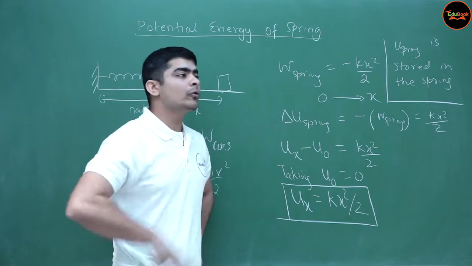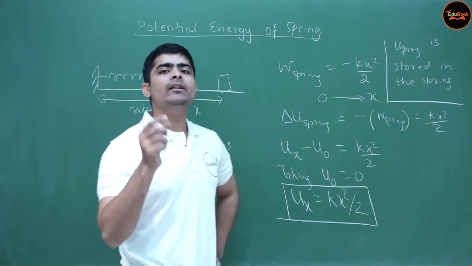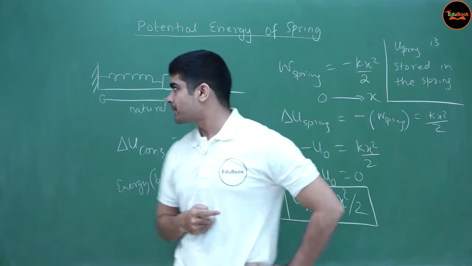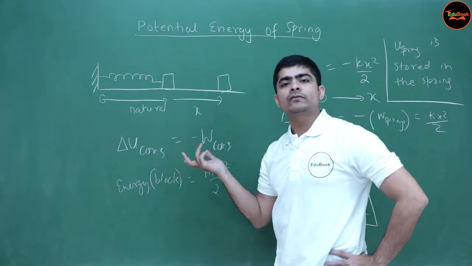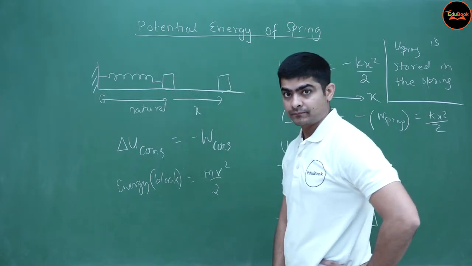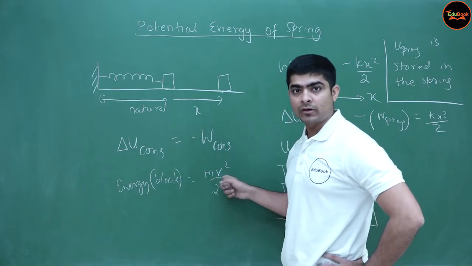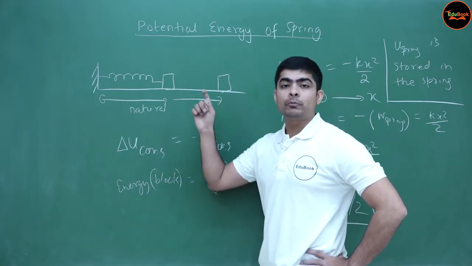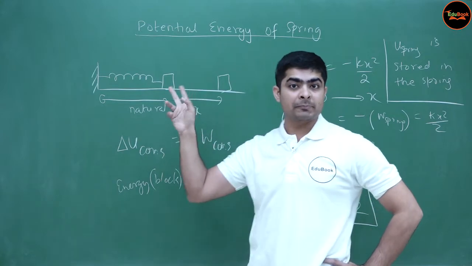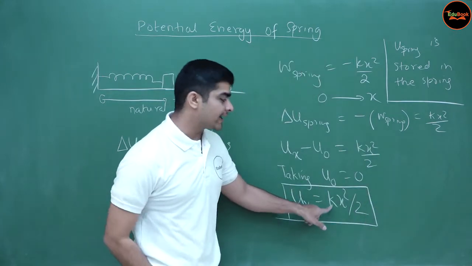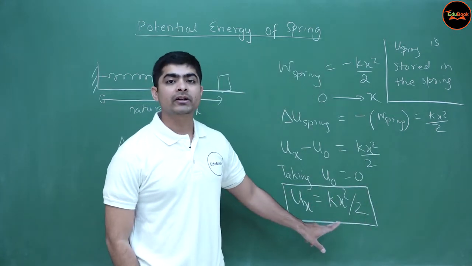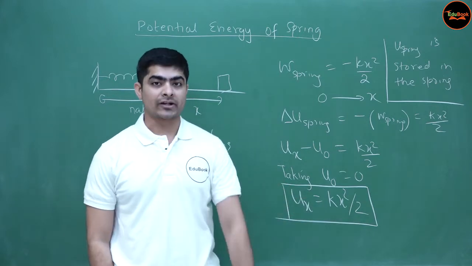Clear? One more thing now. Why not the block? There's one more reason for that. See, I have not mentioned the mass of the block over here. Correct? To mention the kinetic energy of the block, we need mass, mv square by 2. But to mention the potential energy of the block plus spring system, I have only k and x. k is the spring constant, x is the spring elongation.